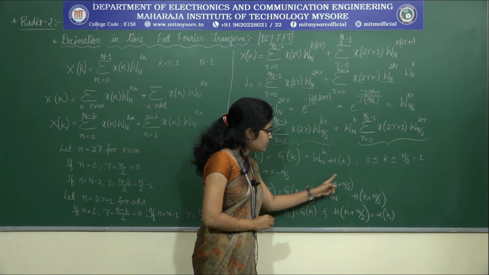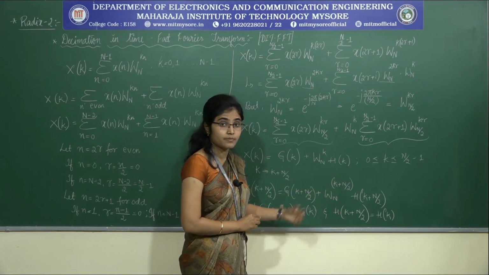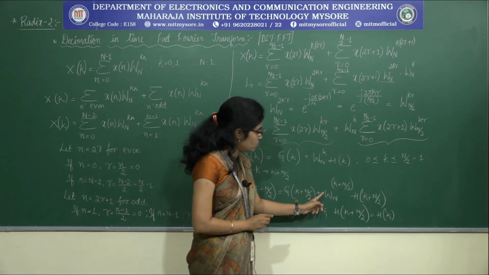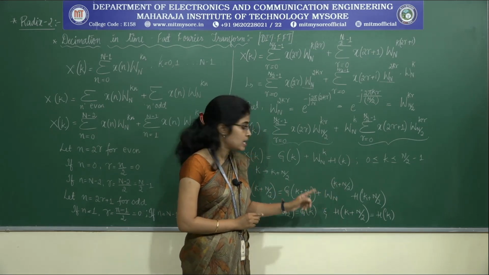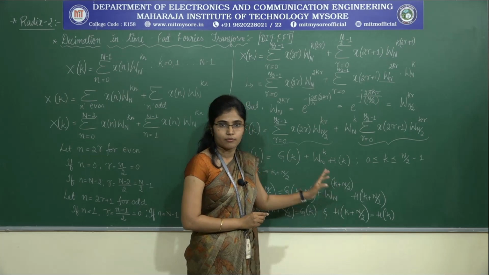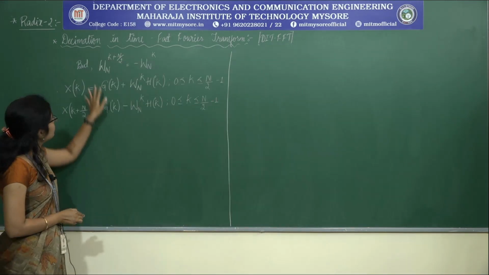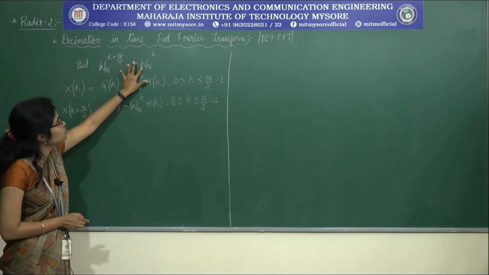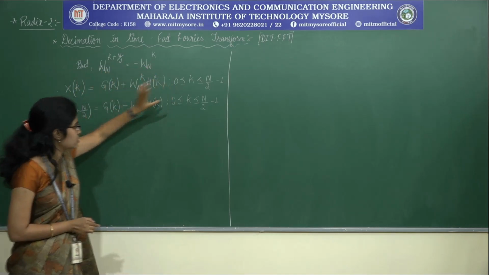Similarly, we have already studied the property of twiddle factor also. So which is that property? Symmetric property. So from symmetry property, what can I do? We know omega N to the power of k plus N by 2 can be written as minus omega N to the power of k. Let us replace that also and let us rewrite the same equation. What I did, we know that omega N to the power of k plus N by 2 will be equal to minus omega N to the power of k. I have tabulated the standard X of k equation as it is.